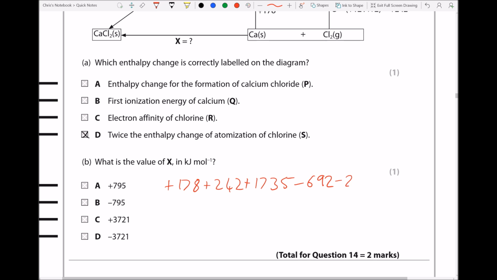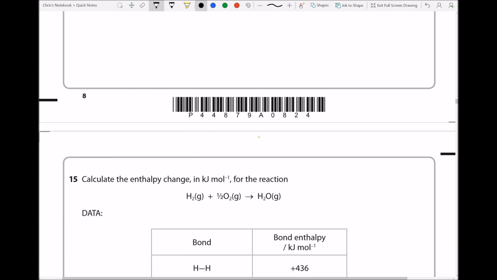So we're going to put minus 2258. Okay, and then if we put all that in our calculator, we should get a value of minus 795. And so the answer is going to be B, minus 795. There it is. Okay, right, so on to the next question.